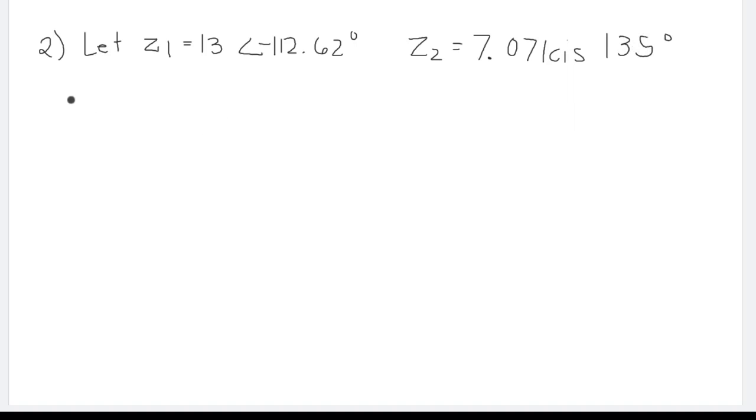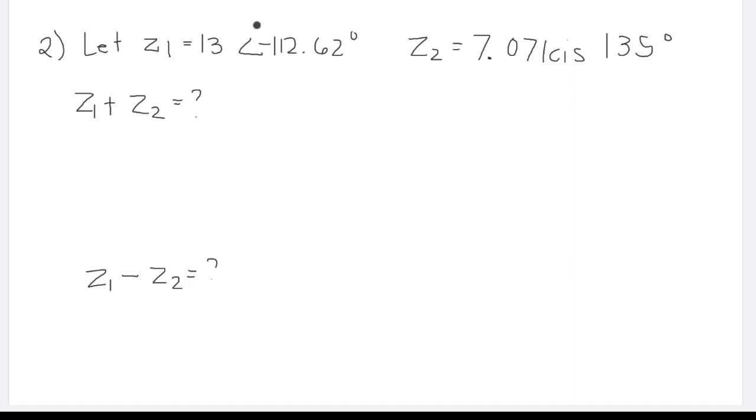We want to get the value of C1 plus C2 as well as C1 minus C2. So what's the value of C1 plus C2 and C1 minus C2?